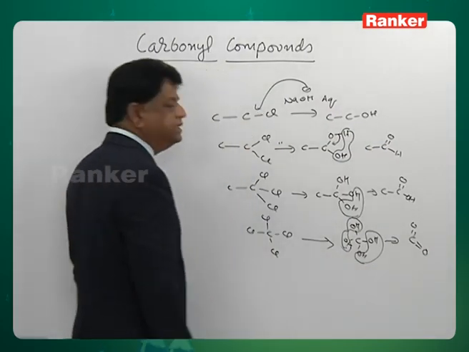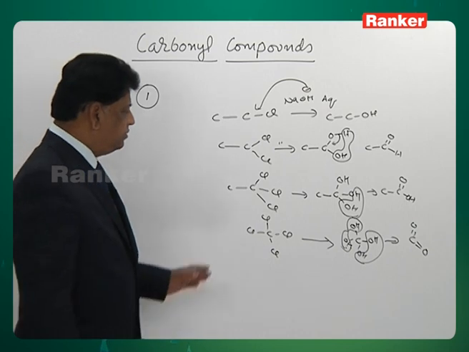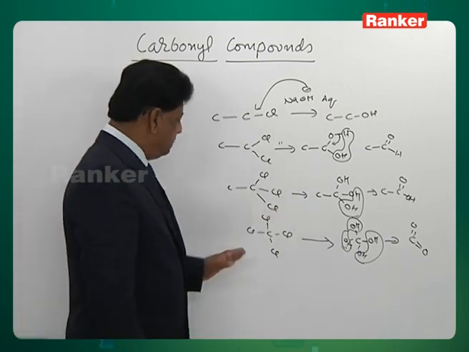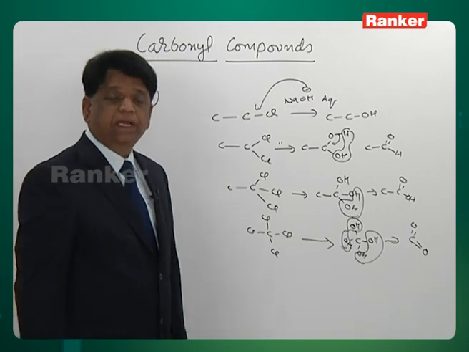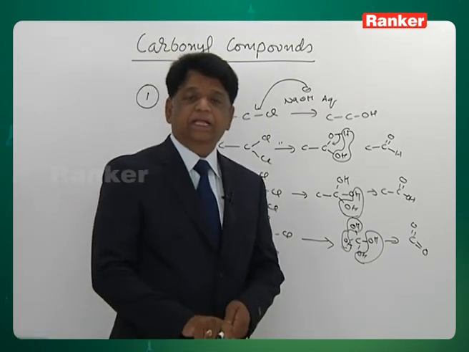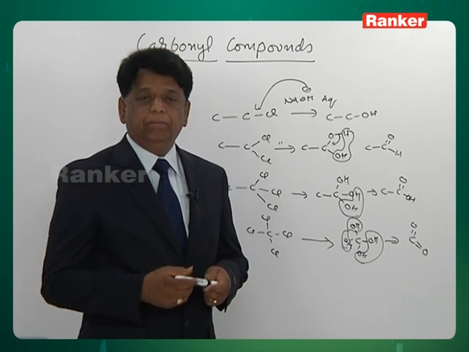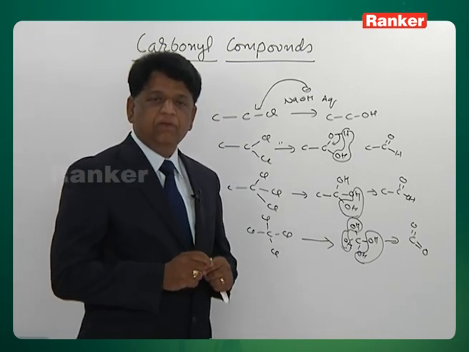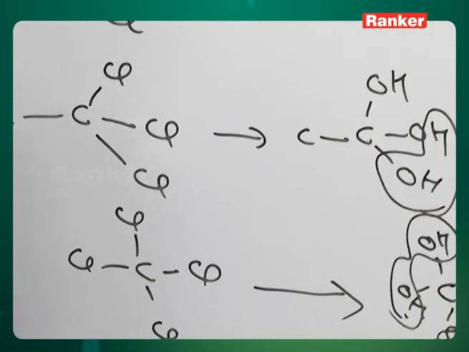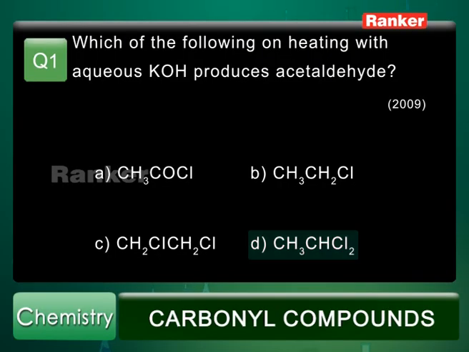That is what happens in most organic compounds. When you burn them, you will get carbon dioxide. However, here it is a hydrolysis reaction. So the concept is very clear. The question is asking that if 2 halogens are there, you will get acetaldehyde. So option D is the right answer.